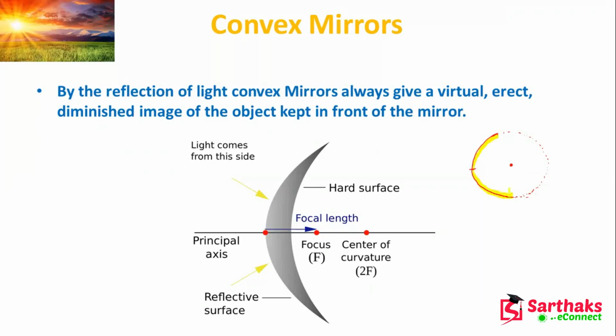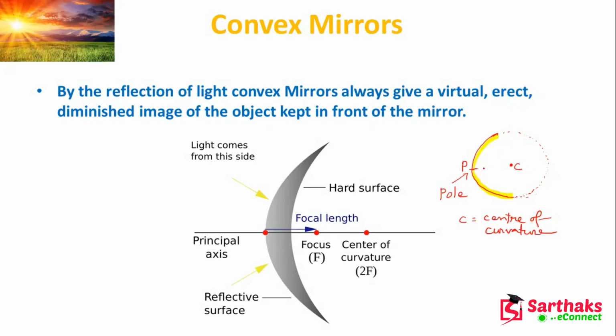So this one is the mirror. Now this is called the pole, P. And this is called the center of curvature. We write C, where C is the center of curvature.